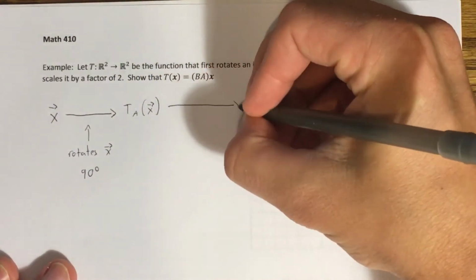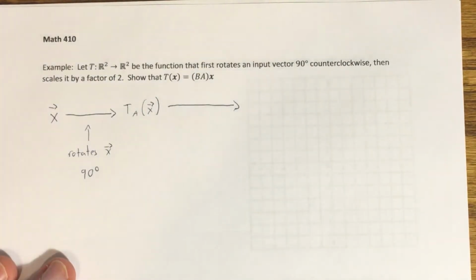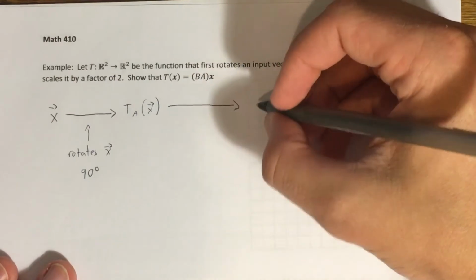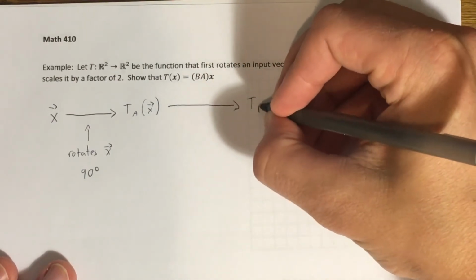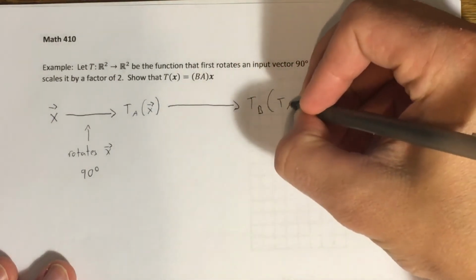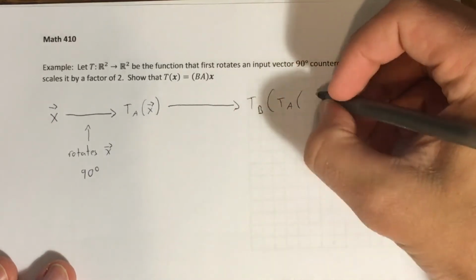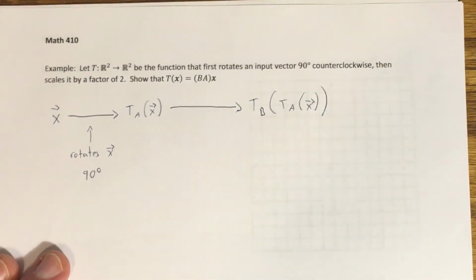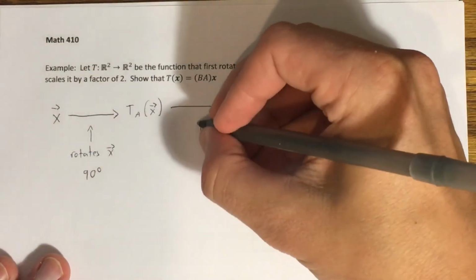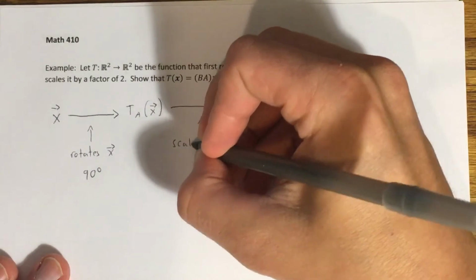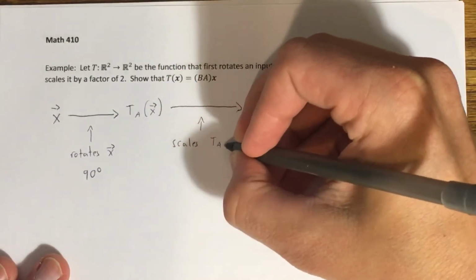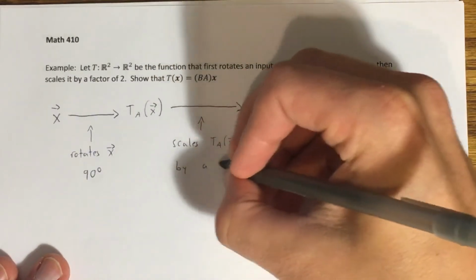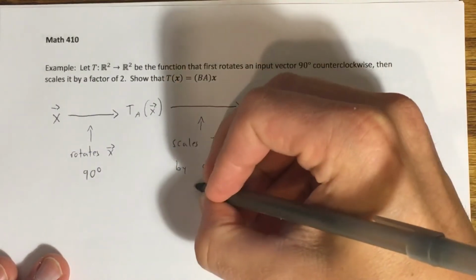So that output vector is now going to be used as an input vector for this second transformation. That means I plug that into my T_B transformation. And this scales not x, but T_A of x, the image of x under the first transformation, by a factor of 2.